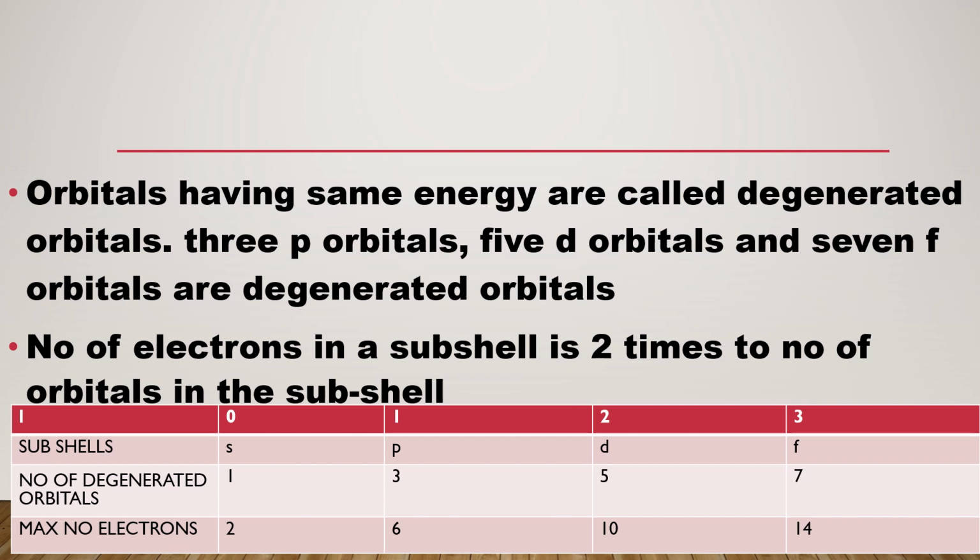If the number of degenerate orbitals is 3, the maximum number of electrons is 3 into 2, that is 6. That is, the number of electrons in a subshell equals 2 into the number of orbitals. Example, the number of electrons in the d subshell equals 2 into 5, that is 10 electrons.